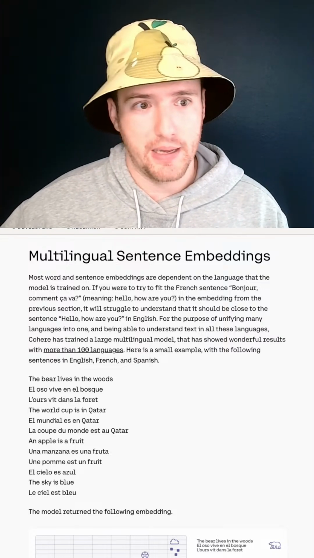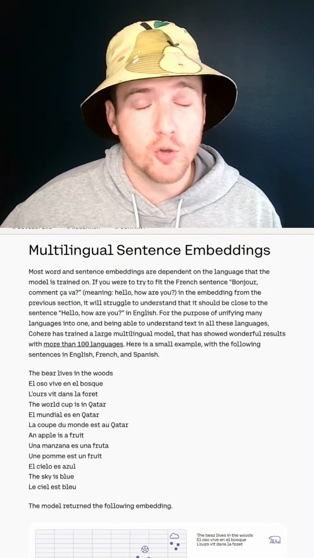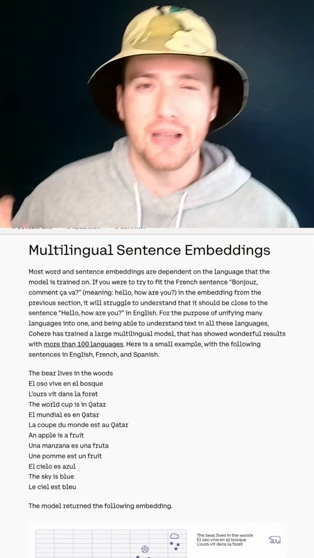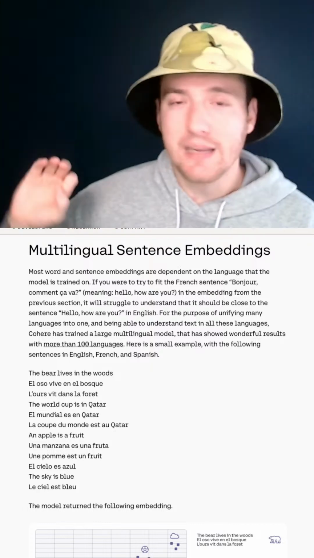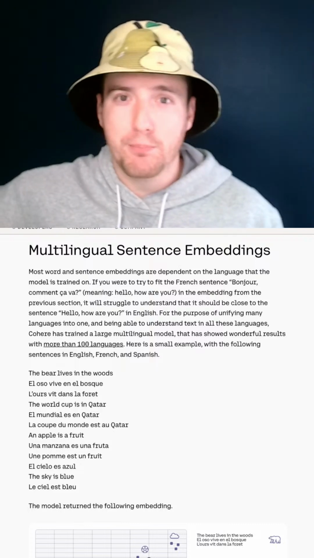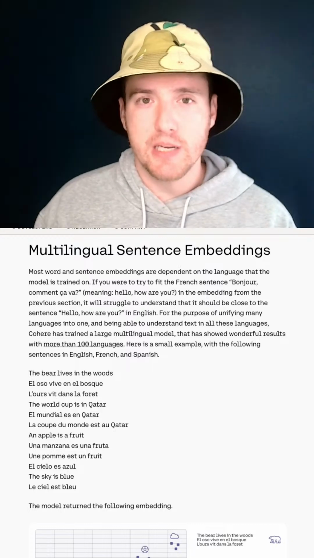Multilingual sentence embeddings. Most word and sentence embeddings are dependent on the language that the model is trained on. This is where language comes into play. It is so key because an AI model can dive through, it can break up, it can look through the difference in language. It can break the barriers.